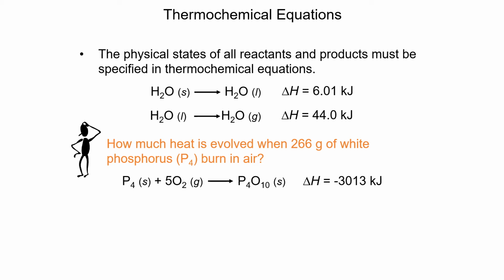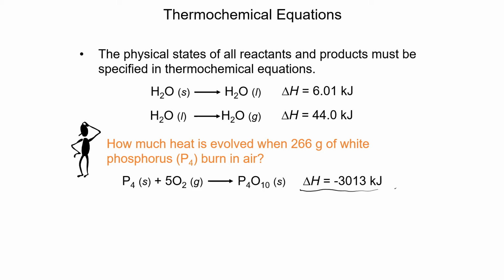This is the compound that produces the bright white light in fireworks. And if we have 266 grams of that white phosphorus and burn it in air, we're going to produce P4O10. And this is the delta H associated with that reaction.